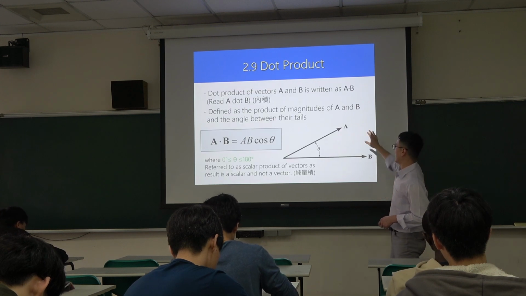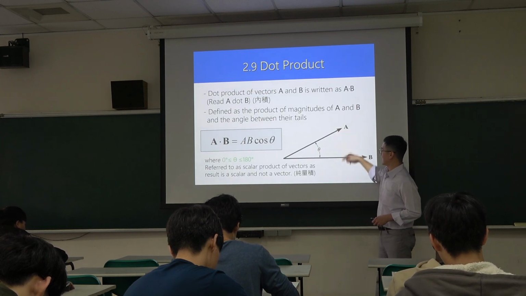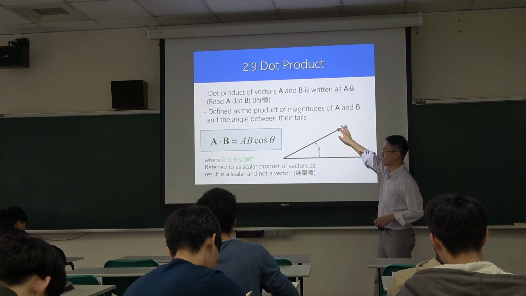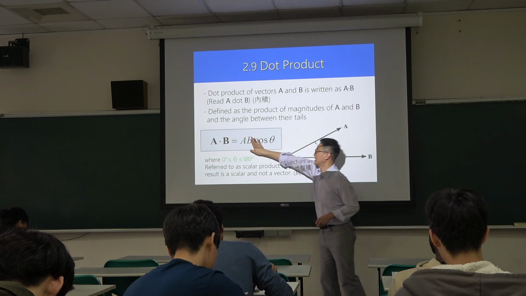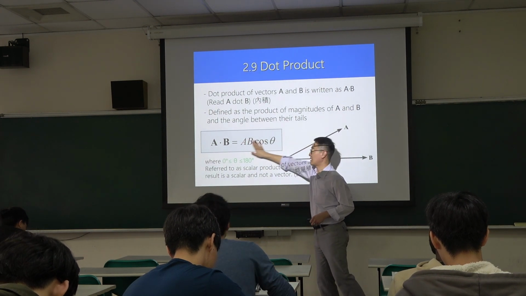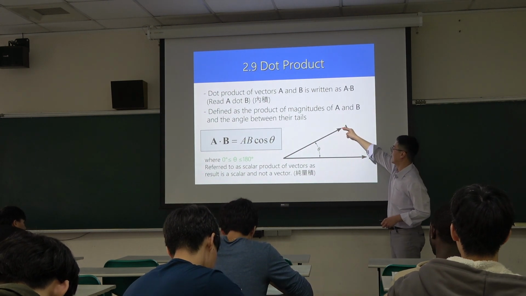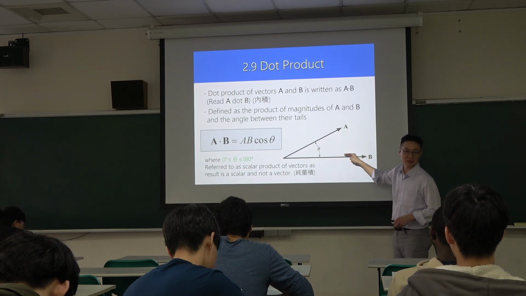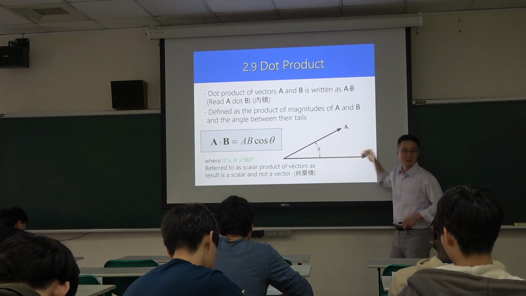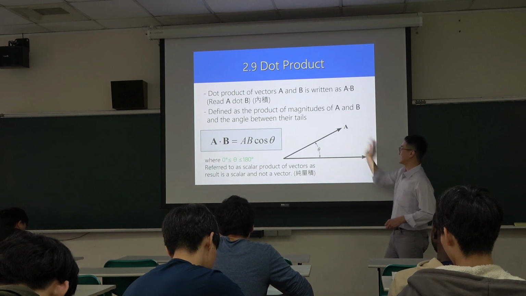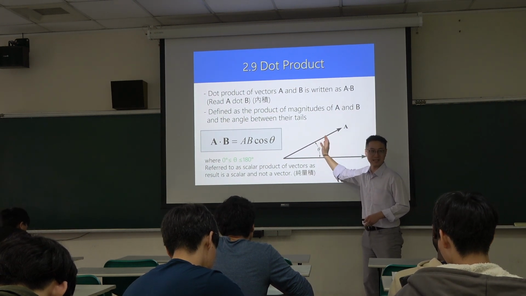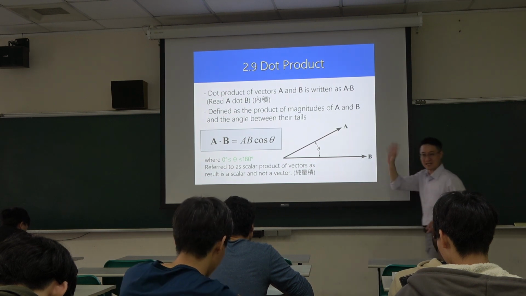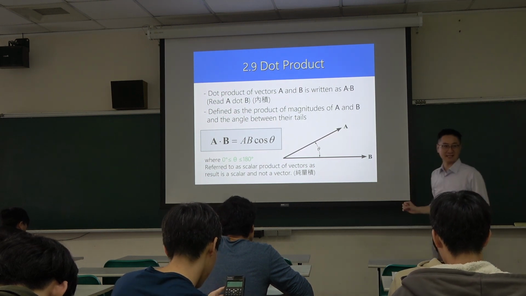So you can imagine if we have a right triangle here, so A cosine theta. If we only look at here, A cosine theta is like A having a projection onto B. The same, if the right triangle here is B, it is B's projection onto A. So it has a meaning like this.